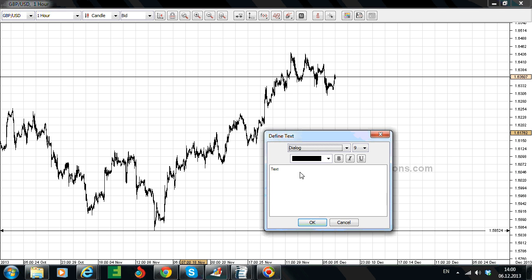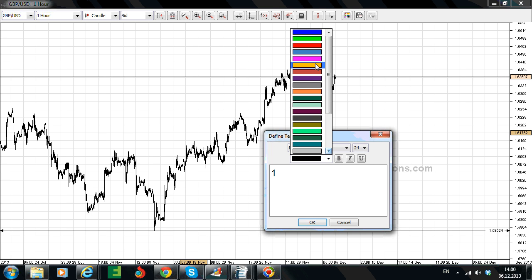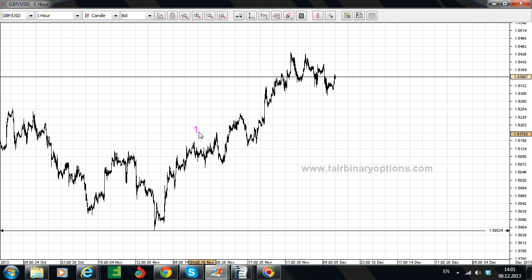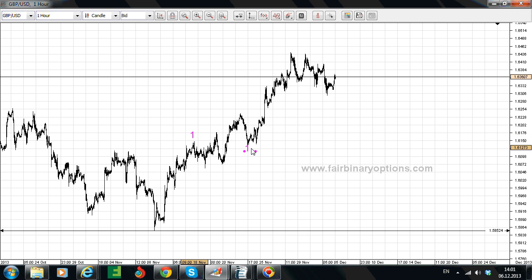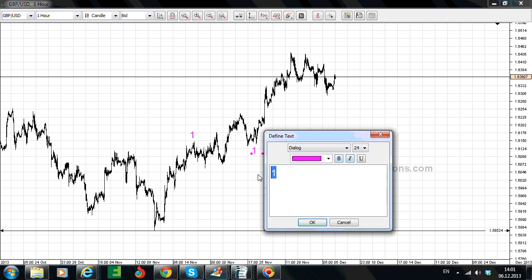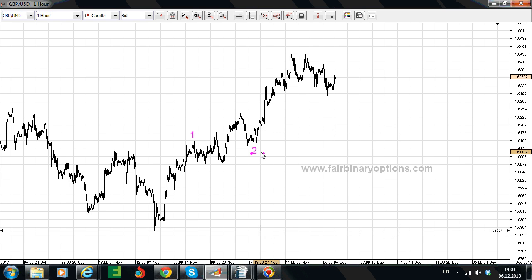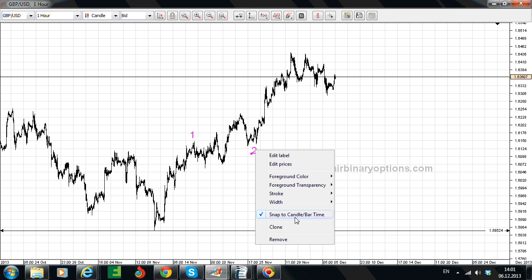And there you go, you have here the first wave. Let's say that this is the first wave. Then of course you have the second wave here, and the third wave all the way to the upside.